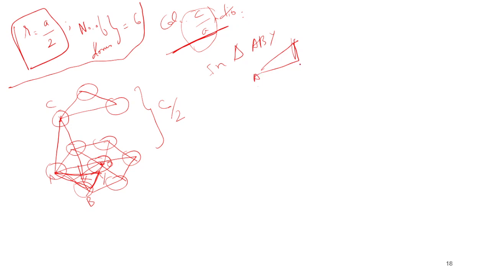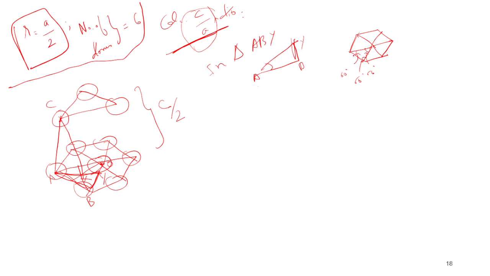ABY, we already saw this in our hexagon. We divide it into triangles, is it not? Each triangle angle is 60. This is an equilateral triangle.